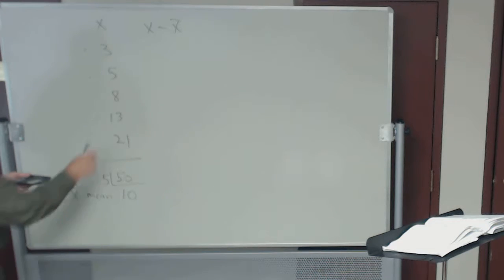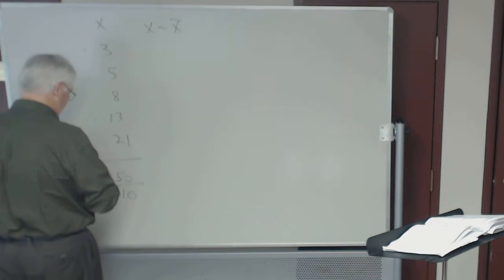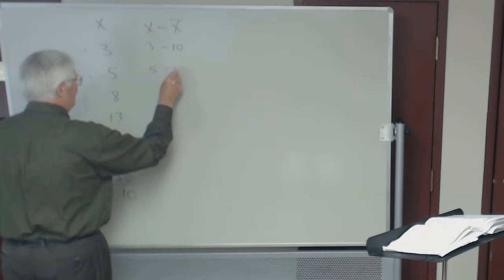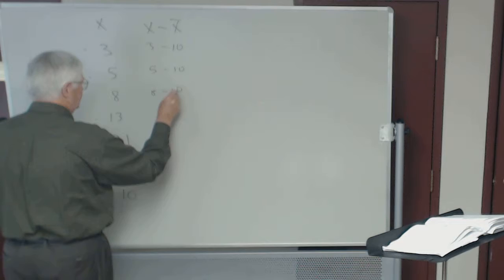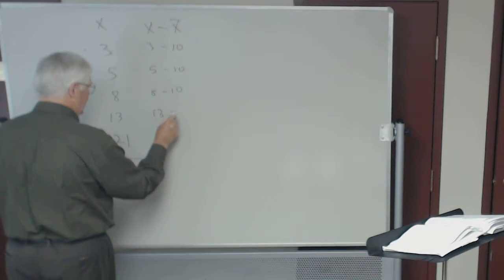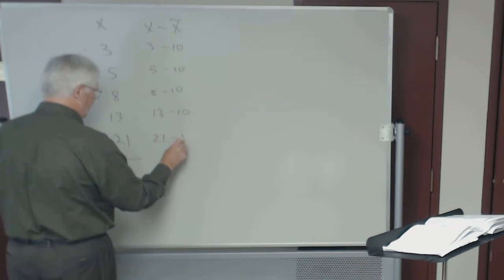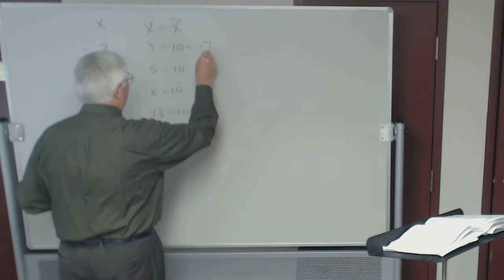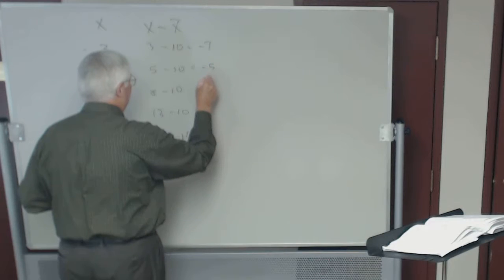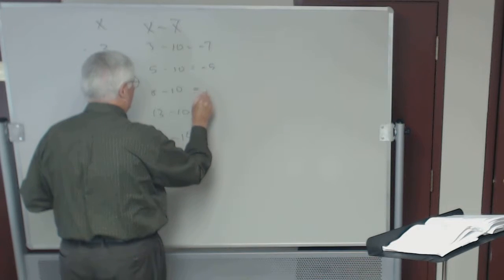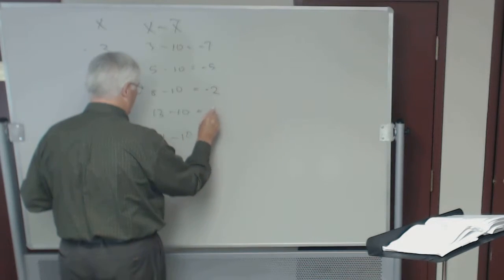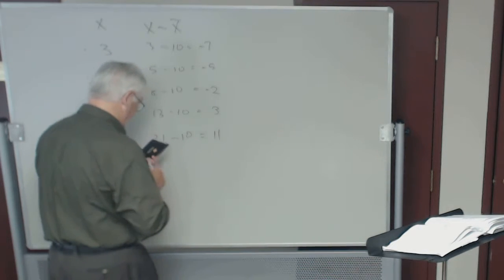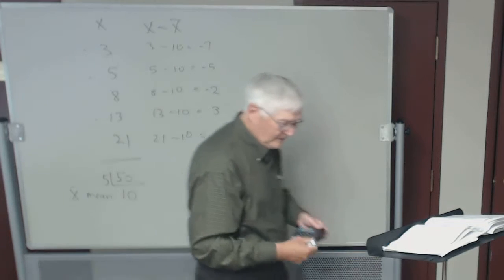So now this says take the score minus the mean. So that would be 3 minus 10, 5 minus 10, 8 minus 10, 13 minus 10, 21 minus 10. And what do we come up with? -7, -5, -2, 3, and 11. Is that right? Did I do my math right?